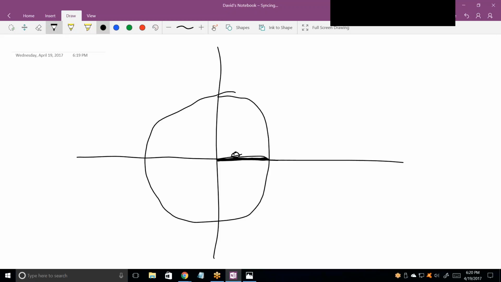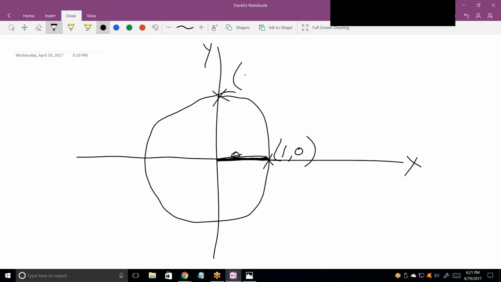What are the x and y coordinates of this point right there? This is the unit circle. 0, comma 0? 1, comma 0. You see why? It's 1 on the x-axis, but 0 on the y-axis. What are the coordinates of this point right there? 0, comma 1.